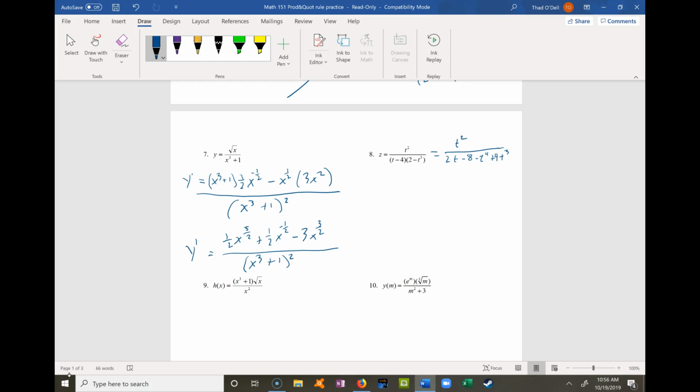Two times t is 2t, 2 times 4 is negative 8, yep. T times negative t cubed is negative t to the fourth, and positive 4. Yeah, okay. Just checking I did that right.